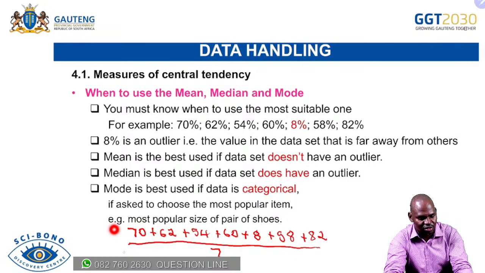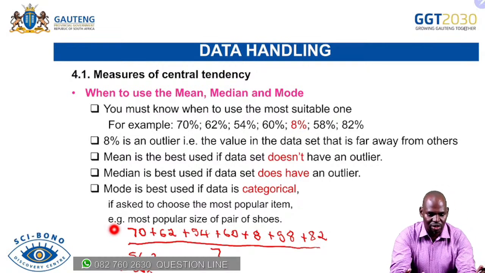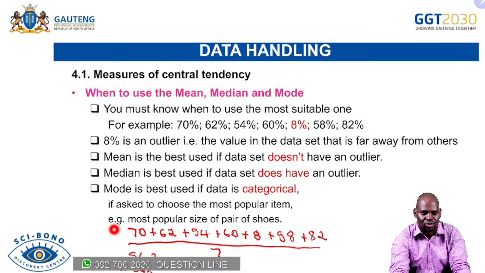Of course, it must be rounded off to 56. So after calculating the mean, in the end it's 56. It doesn't matter how good you did in the other subjects; when somebody summarizes your marks, according to the mean you're supposed to get 56.